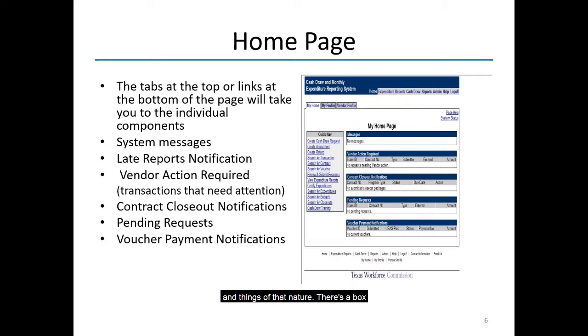There's a box for contract closeout notifications, and there's a box that indicates the pending cash draw request that you have initiated in the system. And finally, there's a voucher payment notification box. So there's a lot of information on this home page that is right at your fingertips to help you as you navigate through the system.